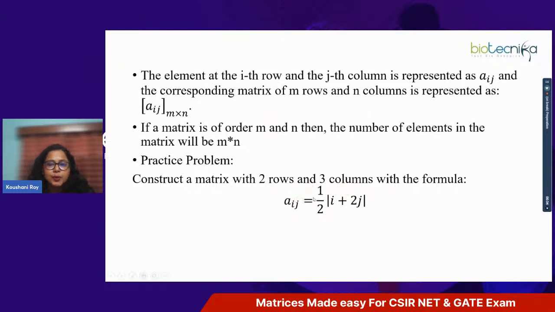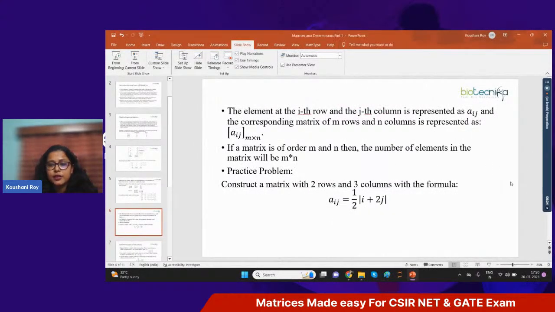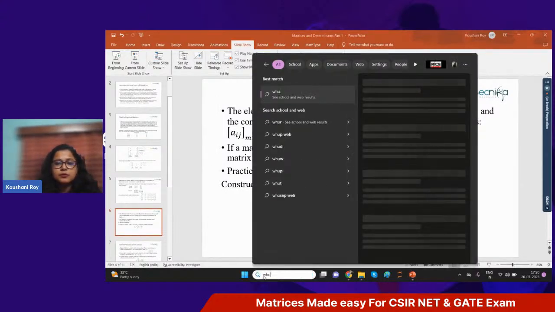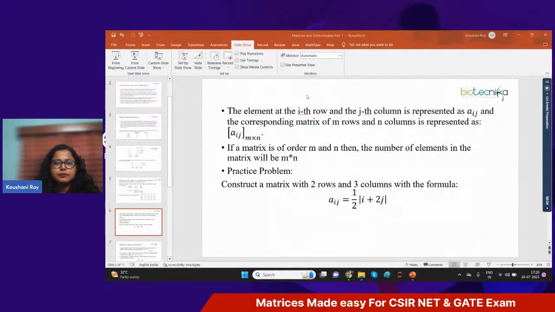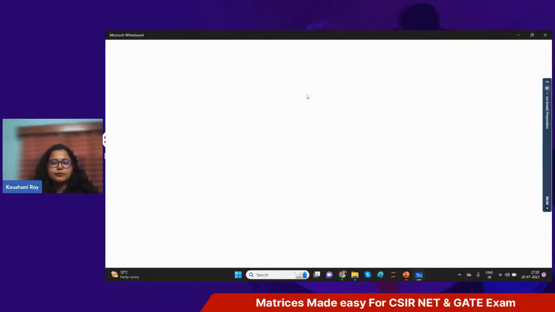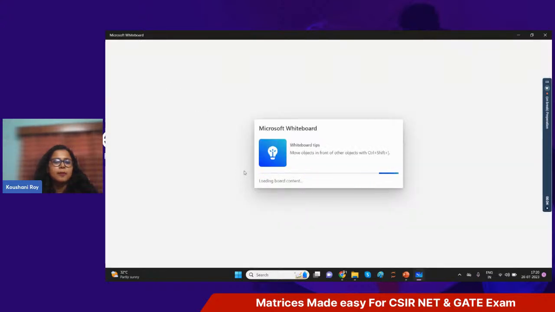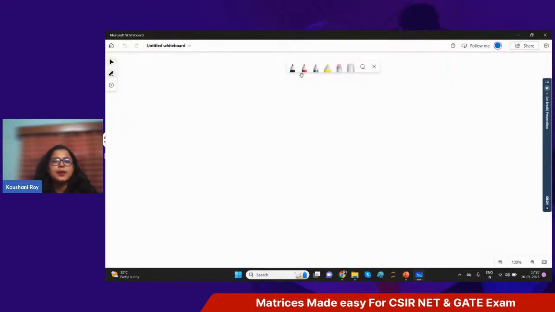So let me just open my whiteboard so that we can go over there and do the calculation. Yep.